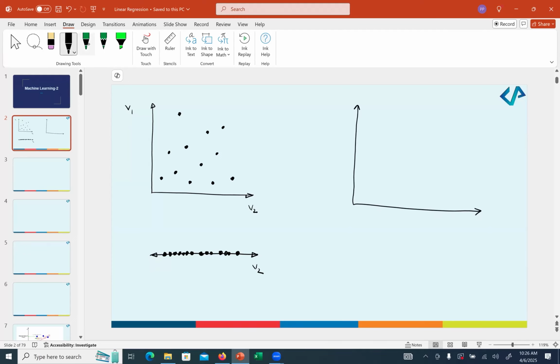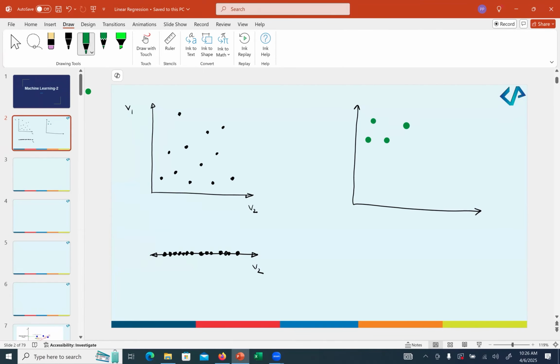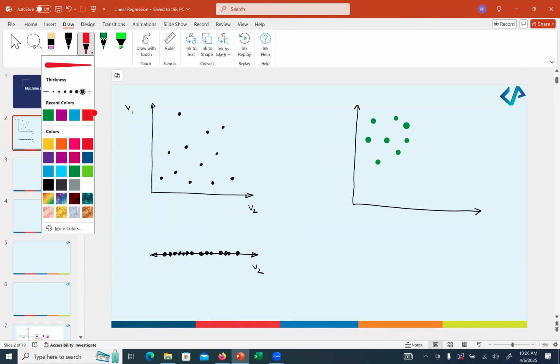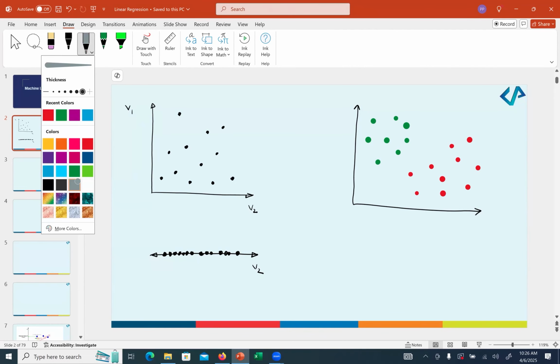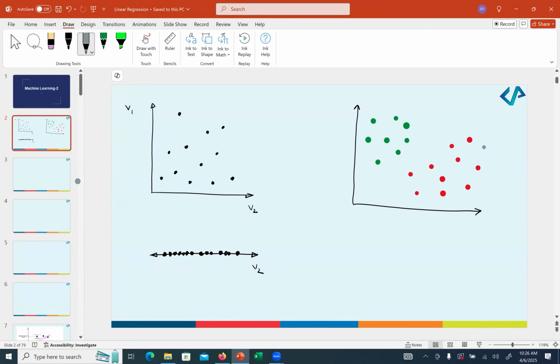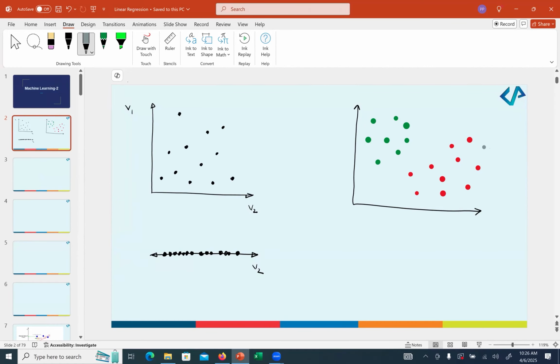Imagine it like this. Let's say I have a lot of green points, and I have a lot of red points. Now there is a new point and you don't know its color. Let's say that point is here. I'm asking you to make a prediction: will it be green or red?